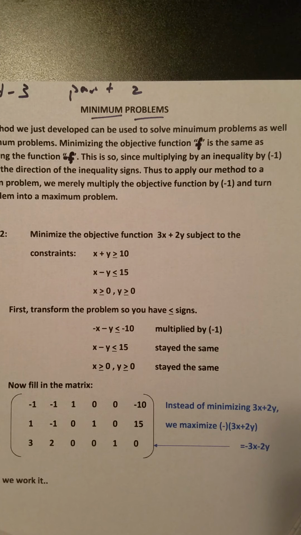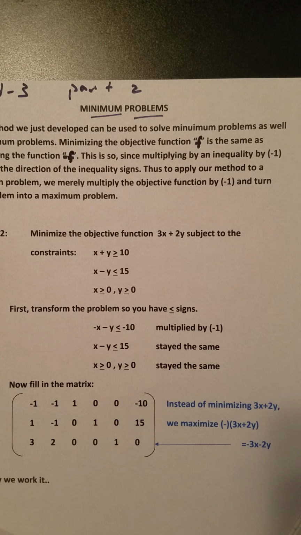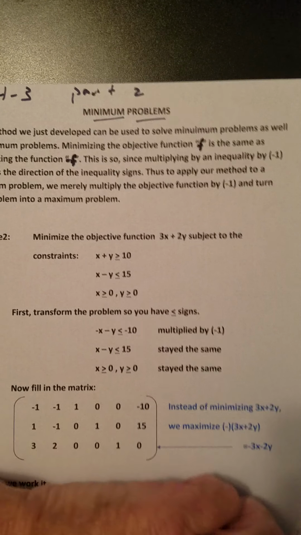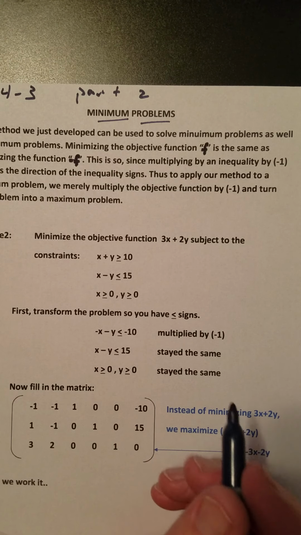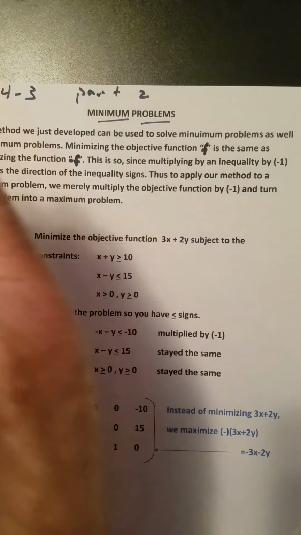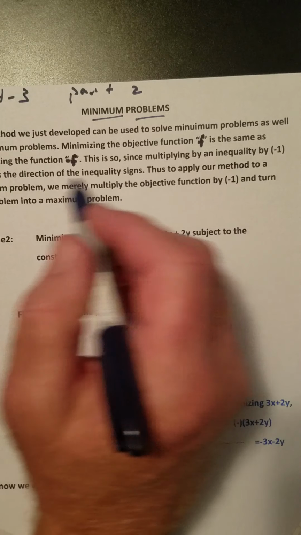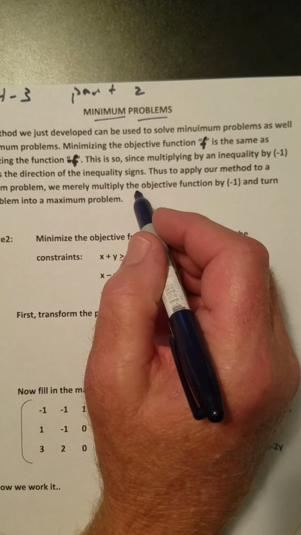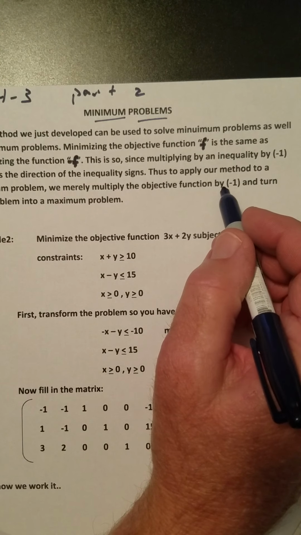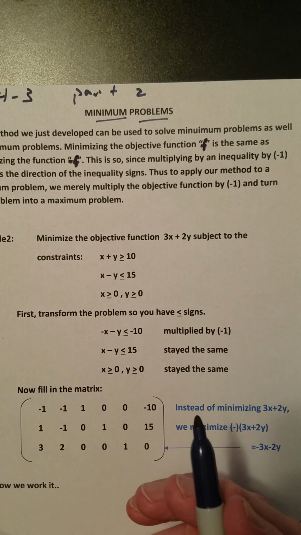This is so since multiplying an inequality by negative 1 reverses the direction of the inequality sign. If we were graphing, instead of graphing the bottom part, it might be the top or vice versa. So to apply our method to a minimum problem, we merely multiply the objective function by negative 1 and turn the problem into a maximum.